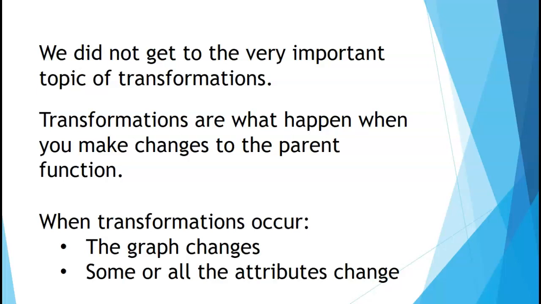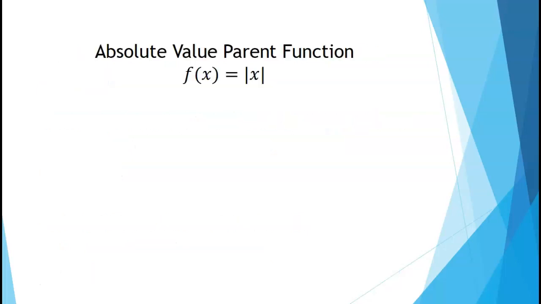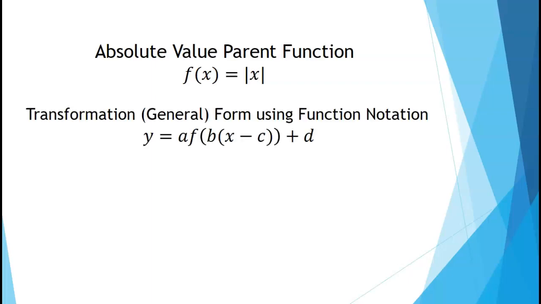So, okay, let's look at the specific parameters that make up all the transformations for any function you will ever study. We're going to start with the absolute value parent function, and we're going to name that function f of x.